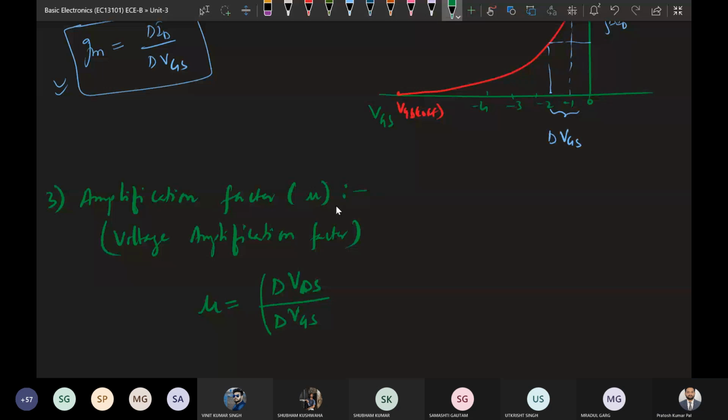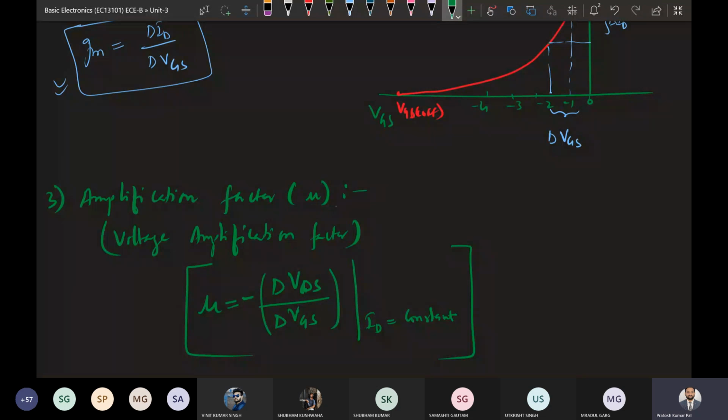So mu is defined as the negative of this, and this is defined at constant ID. So at a particular ID, suppose this is the ID, what is the change in VDS, and at that time what is the change in VGS? That will be defining your amplification factor.